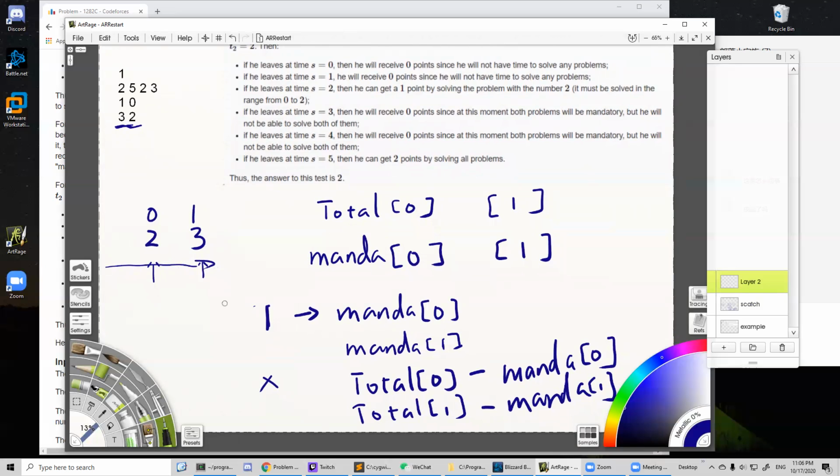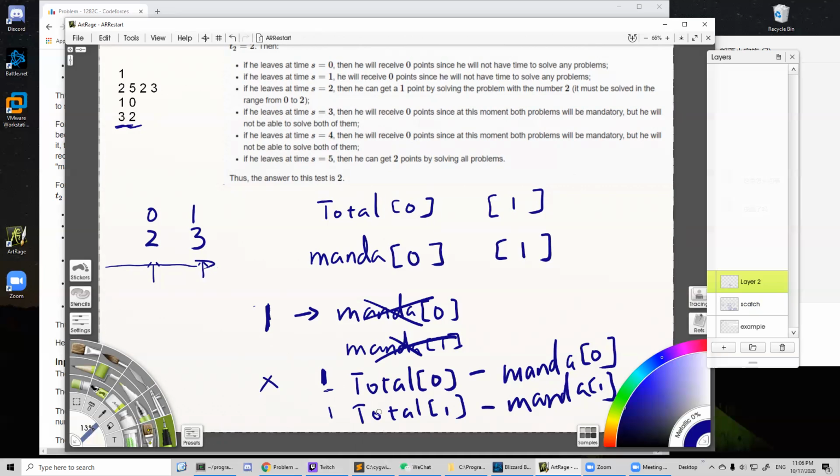So first, we are going to try time 1, right? For time 1, because there are no mandatory problems so far, we don't have to spend time on solving mandatory problems, and we are going to solve the rest of the easy problems, of which we have 1 easy problem, but we find out that we don't have enough time to solve this problem, so we just skip it.